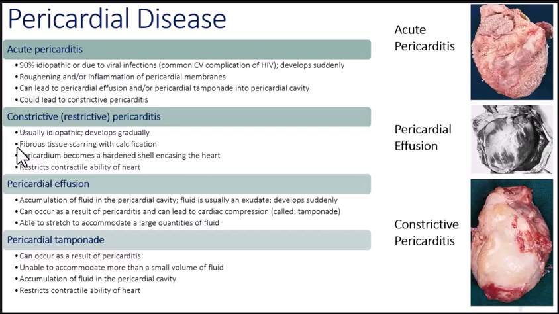And whenever we have that present, as we've talked about in class before, it's going to make it a stiffer tissue that's not going to be able to function as it should. So instead of this loose fitted covering, it becomes this hardened shell that encases the heart and sort of constricts it and really restricts the normal movement of the heart.